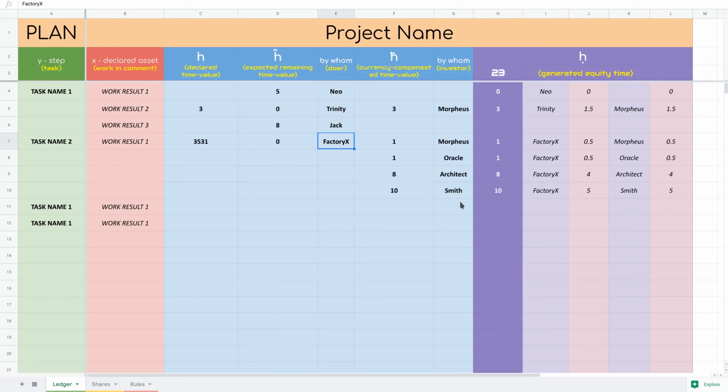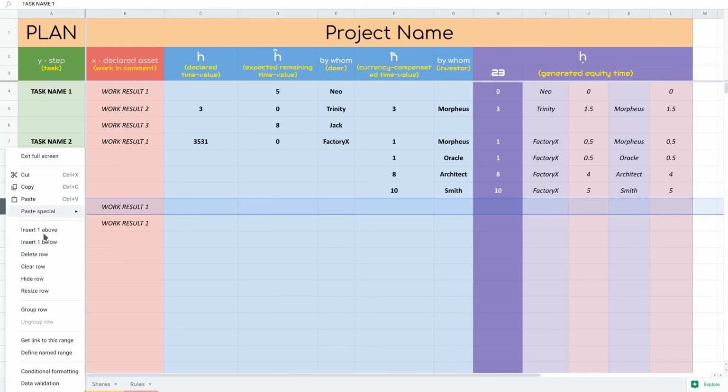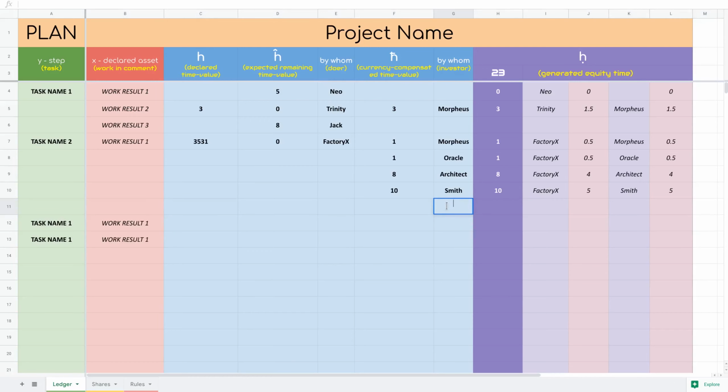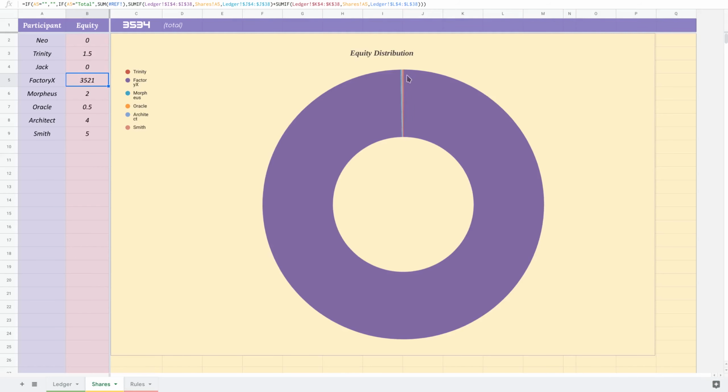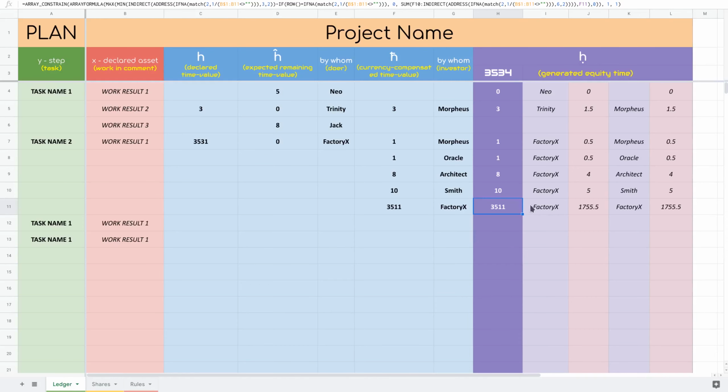So Factory X could just say, I'm yet another investor, and I just want to fix that it's mine. Factory X has, let's say, 3531 minus 20, 3511. And in this case, you can see the shares of Factory X maybe are the largest now, because they themselves covered the rest.